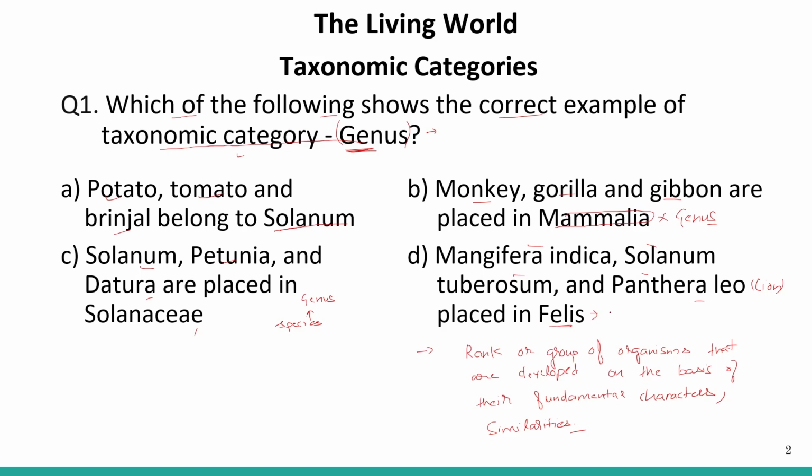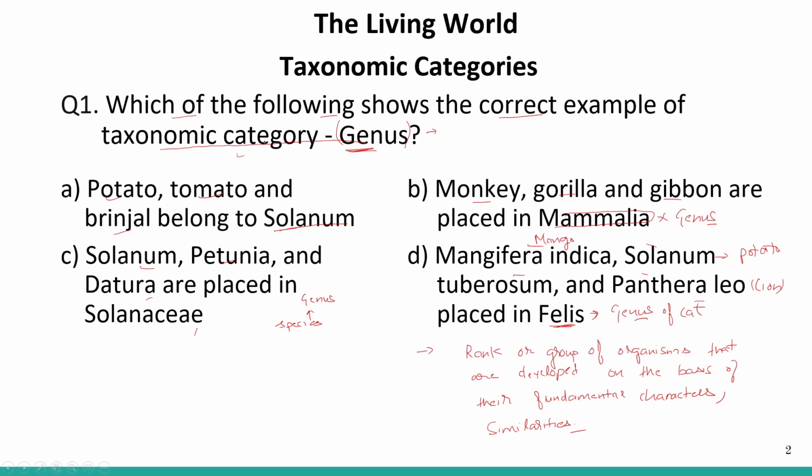Felis is a genus name for cat, Felis catus. It is the generic name of cat. Mangifera indica is mango. Solanum tuberosum is potato.